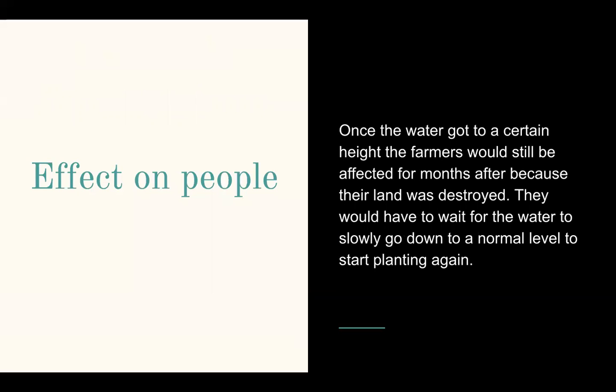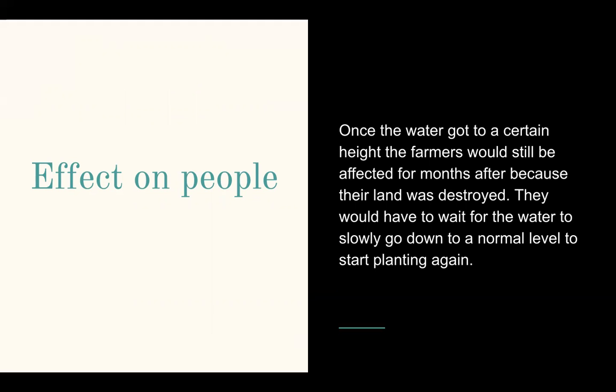Effect on the people. So again, with the farmers, because that was mostly a lot of the people who were affected economically, land wise. Since the water was so high, they had to wait for the water to go back down in order to plant again, make sure the soil was right.